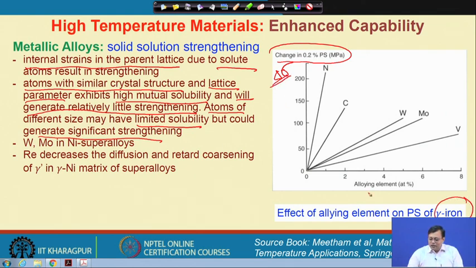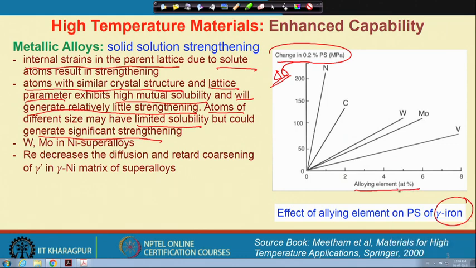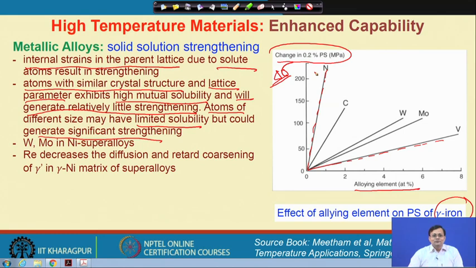This is the percentage or atomic percentage of the alloying element. If we add vanadium, then there will be a slight rise. However, if we add nitrogen, you see it has a very sharp rise. So, this is just an example that I would like to show you, how the solute atom can change the yield strength depending on the concentration and their relative size difference.